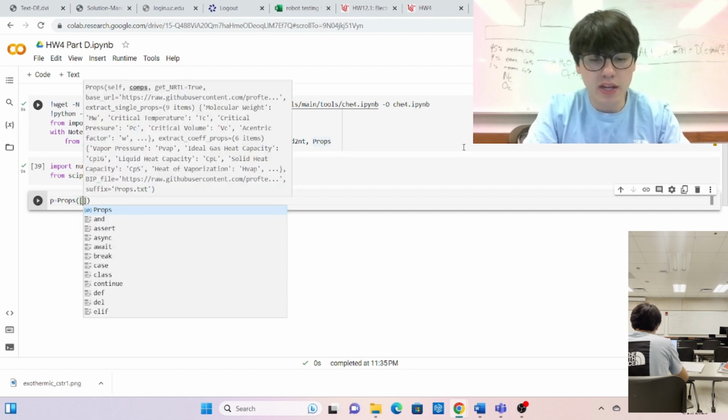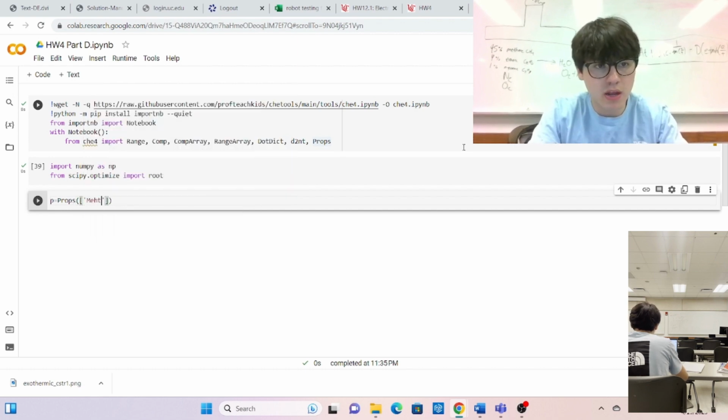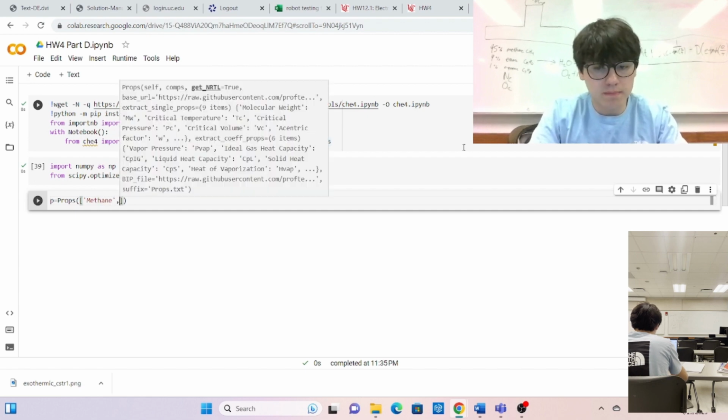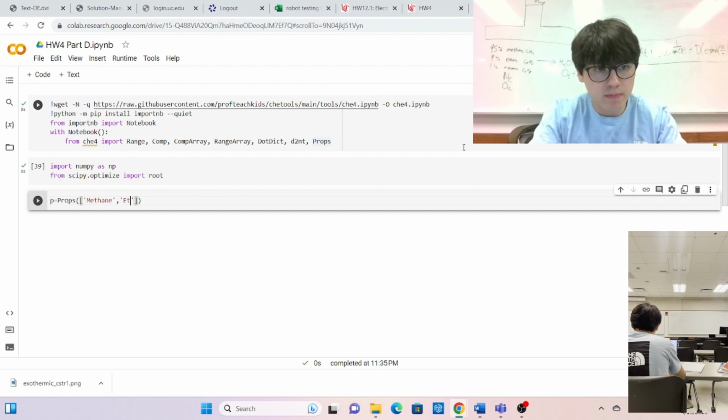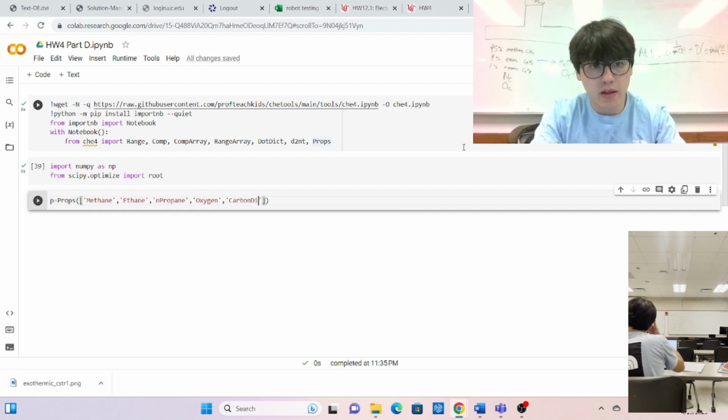And the first thing we need is methane. And then we'll need ethane. Make sure everything's spelled right. We'll need N propane. We will need oxygen. We will need carbon dioxide.